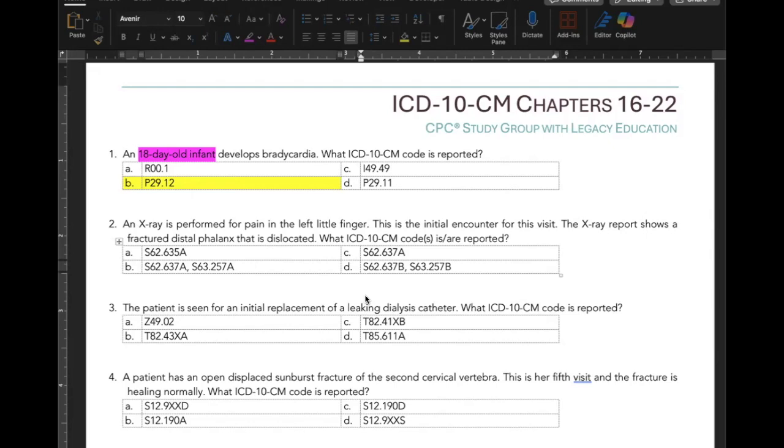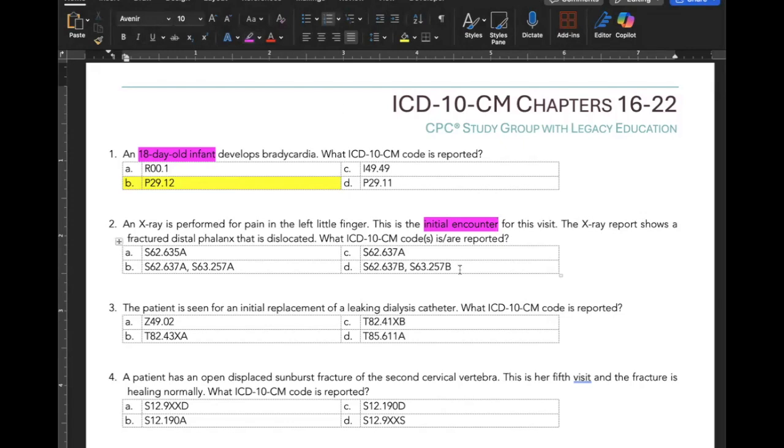And then we have 2 options for initial, right? Because it says initial encounter, which we know for our seventh character does not mean first visit. It means active treatment, right? So you can have an initial encounter 3 and 4 visits in if they're still having active treatment.